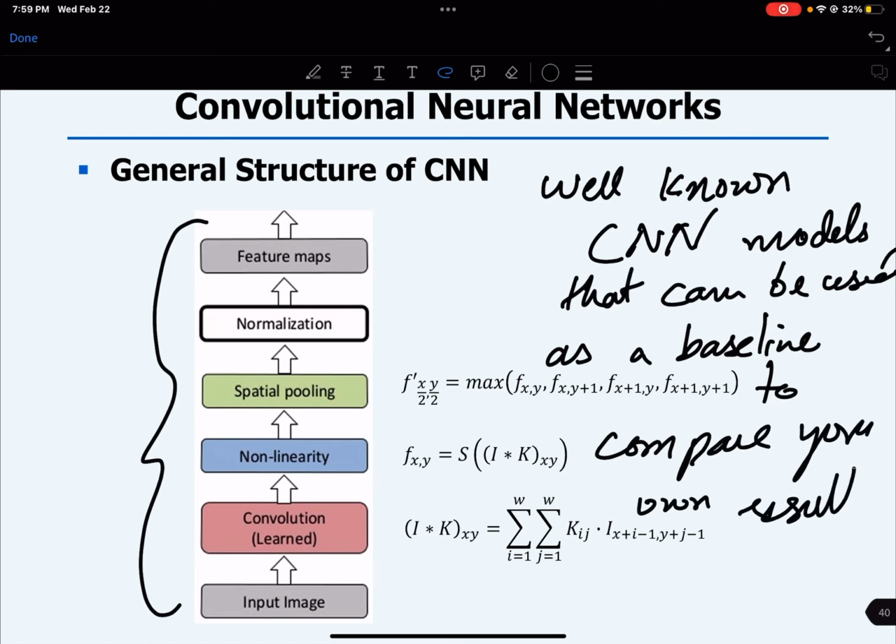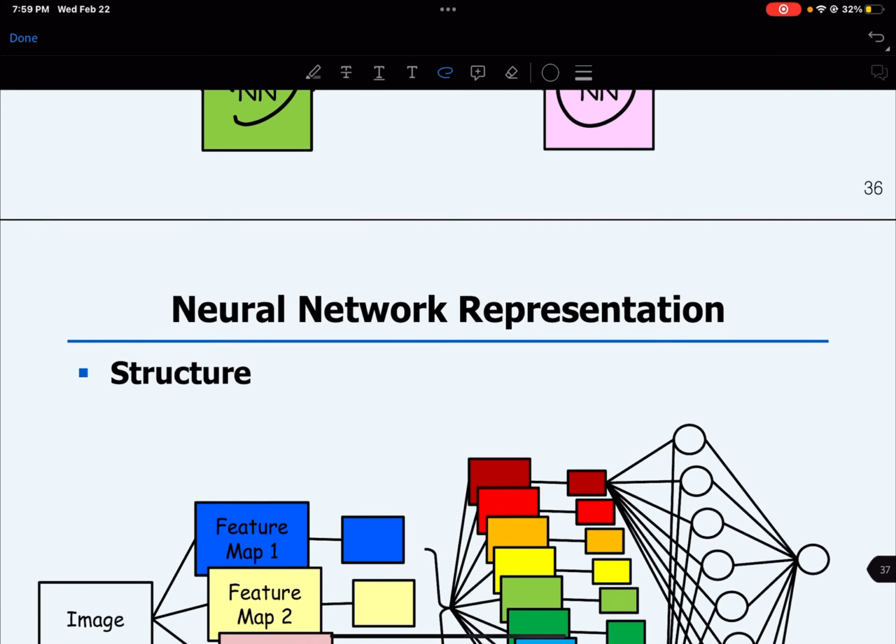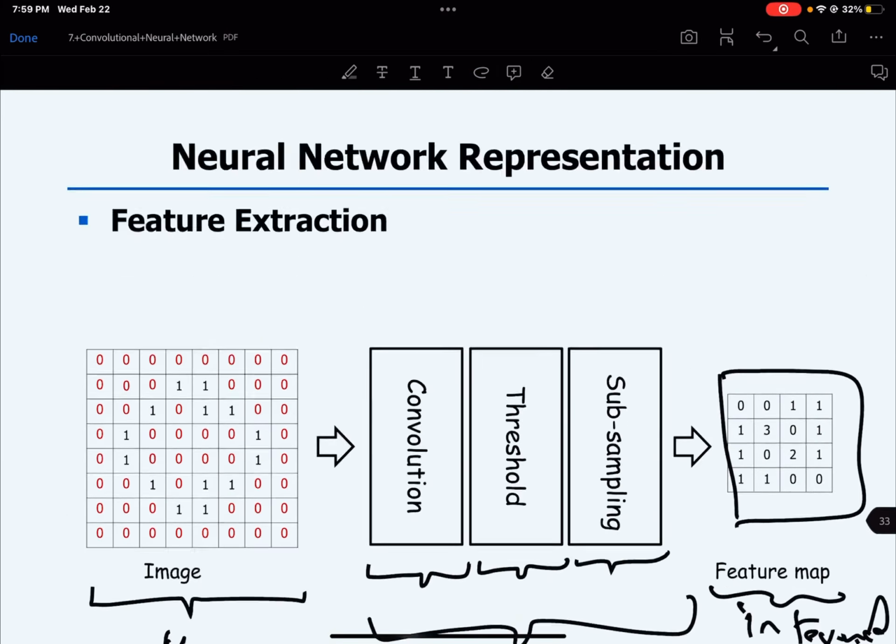So whenever you implement some version of a convolutional neural network, you will always have to compare it, and for comparison we could have some existing model of a convolutional neural network. So this is it for the lecture contents on convolutional neural networks for now.